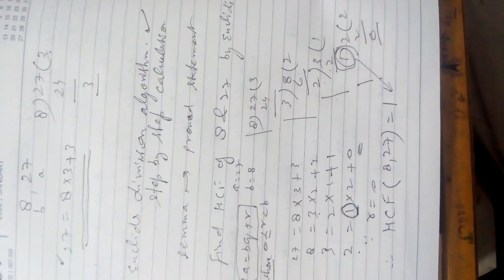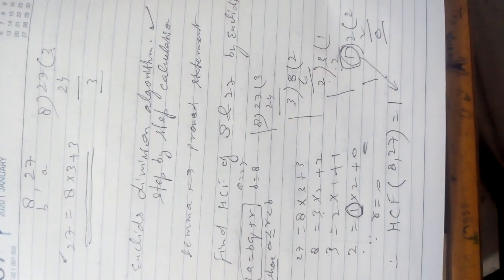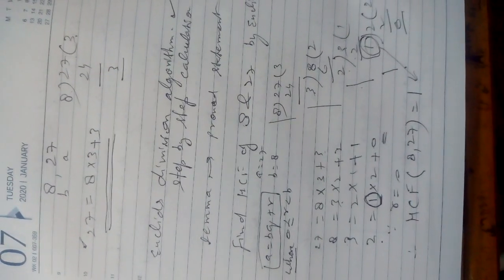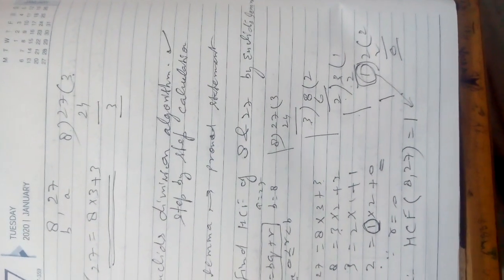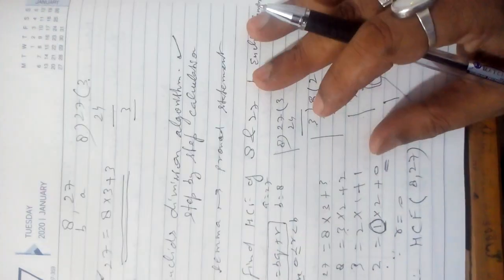Then you can write a is equal to bq plus r. If r is not 0, then you take another integer and let the remainder be r is equal to pq plus r, any other name you can write, and then you can write the statements for this. If it is a divisor you can write another name.